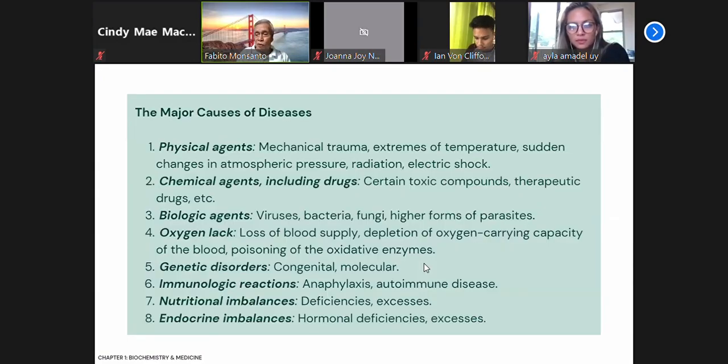So major causes of diseases. We have physical agents, chemical agents, including drugs, whether those drugs are legal or illegal.